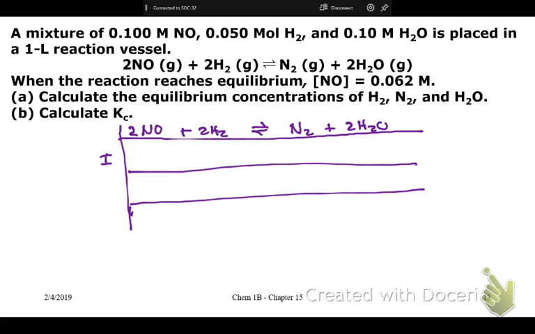This is my initial and this is my change and this is my equilibrium. And then I usually put lines to separate. Sometimes it's helpful to, under the equilibrium arrow, write which way the reaction's going so you can be sure that you have your pluses and minuses correct. So I leave a little space there. You don't necessarily need to do it in this reaction.